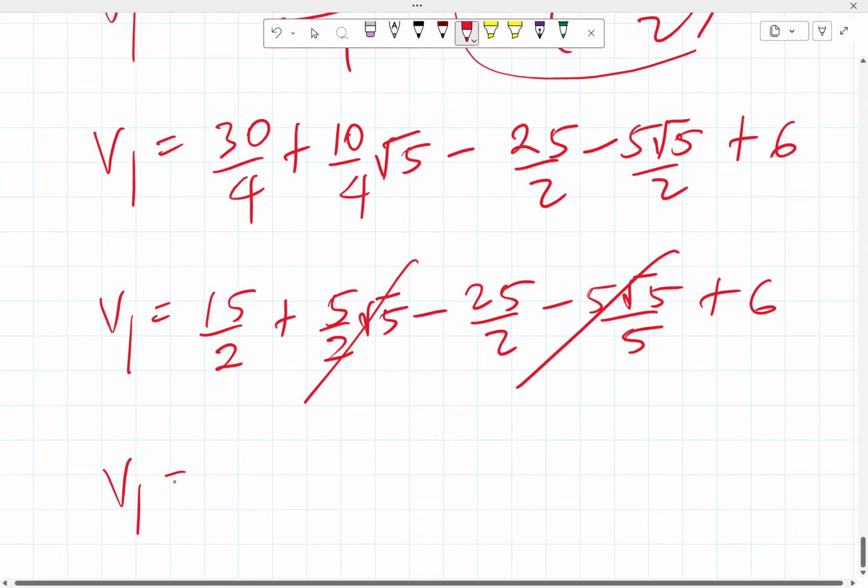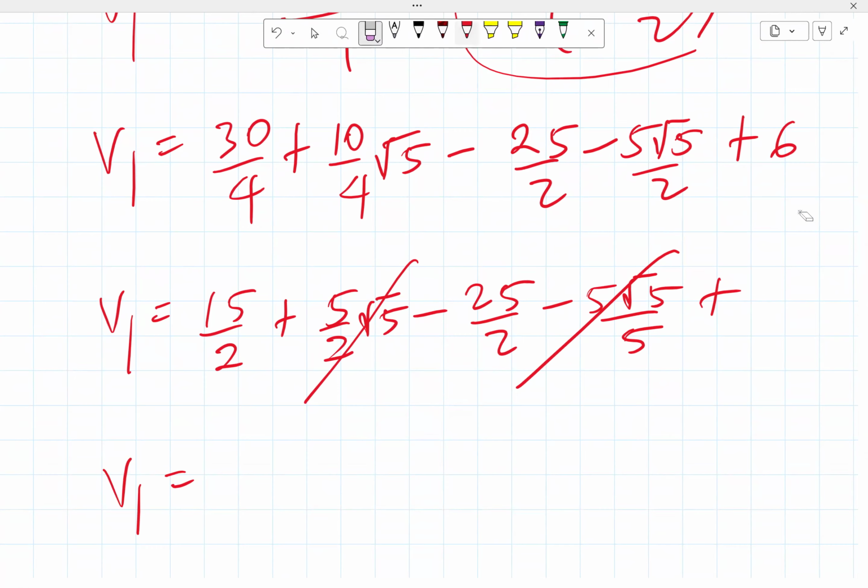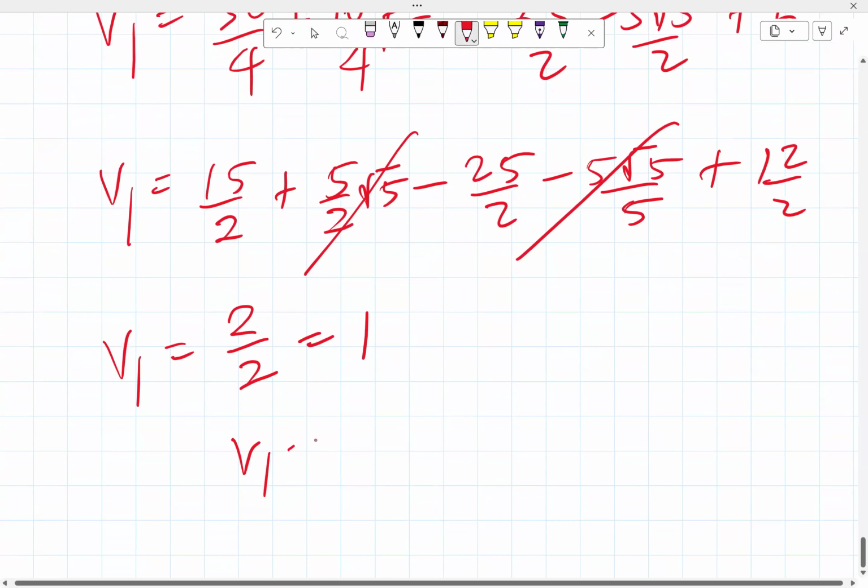So V1 is equal to 15 over 2 minus 25 over 2. I mean, 6 here is actually 12 over 2, I think that helps. So that's 15 over 2 plus 12 over 2, that's 27 over 2, minus 25 over 2. That's 2 over 2, and that is equal to 1. So V1 is equal to 1.